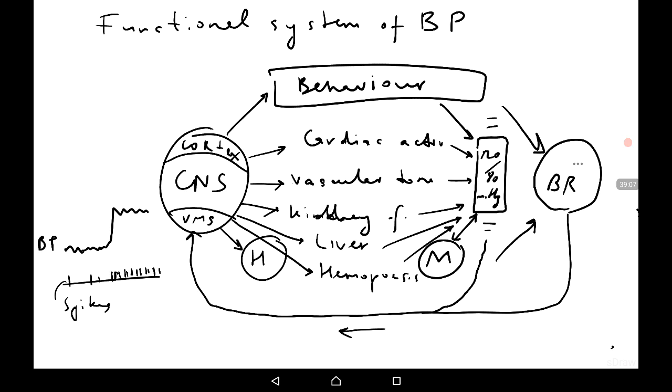So it's dysregulation of the blood pressure, and we should analyze why it is so widespread.